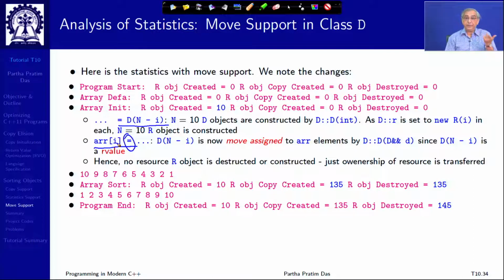And in the move assignment, I will simply move the resource, I do not need to copy the resource. So, after 10, when I do this, I will have only 135 copies made instead of earlier having 145. I will have 135 only, because these 10 copies and destruction that were required here is saved. So, some benefit has been obtained.